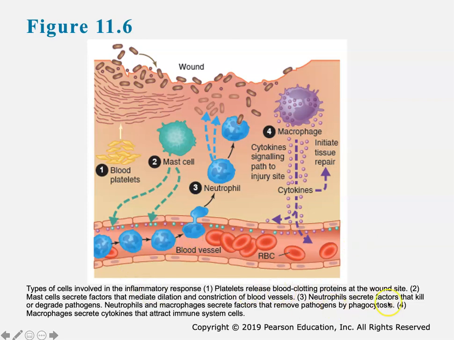Neutrophils particularly will secrete factors that will kill or degrade pathogens. Remember, I also mentioned that macrophages will remove pathogens by phagocytosis. So whenever you see macrophage, think about phagocytosis, the idea that that cell can actually engulf that bacteria and basically get rid of it, okay? Macrophages also secrete cytokines, and those cytokines will then attract other immune system cells.